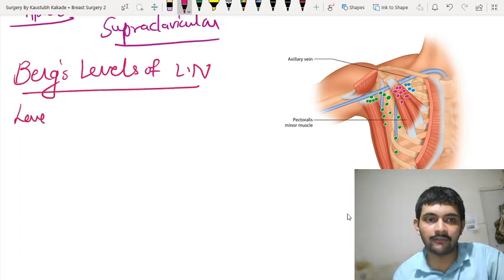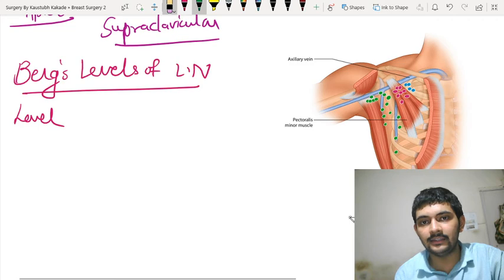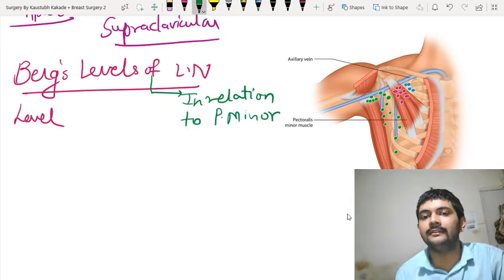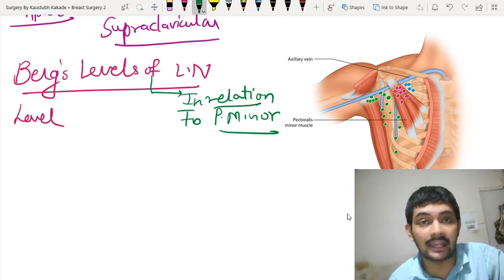These Berg's levels of lymph nodes are in relation to the pectoralis minor muscle.